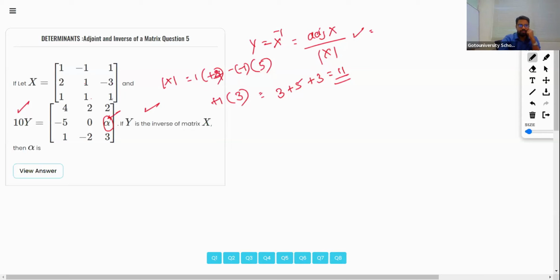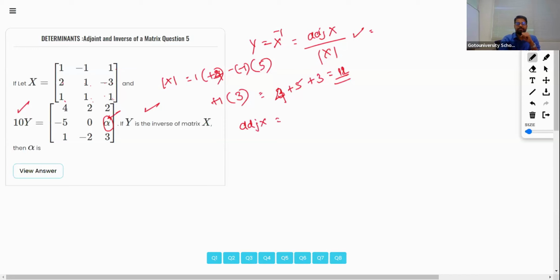Yeah, 1 plus 3, which has to be 4. Minus of minus 1 into 2 plus 3, 5, correct, plus 1 into 2 plus 1, 3. So this has to be now 4 plus 5 plus 3, which is 12, right? The determinant of the matrix is 12. Now coming to the adjoint of this matrix.